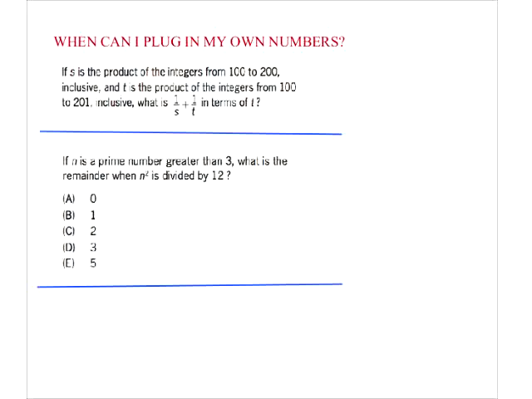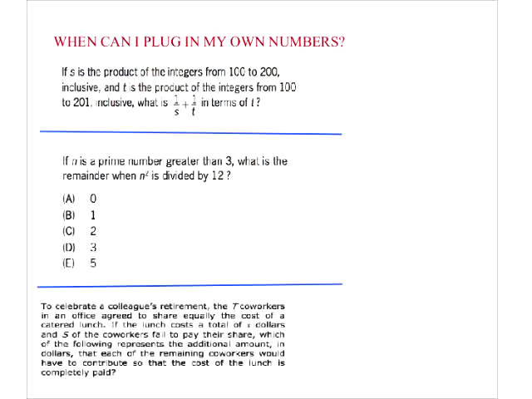Are there any of these problems where you cannot plug in? I mean, the first one, I didn't put the choices up there, but the answer choices are full of S's and T's.